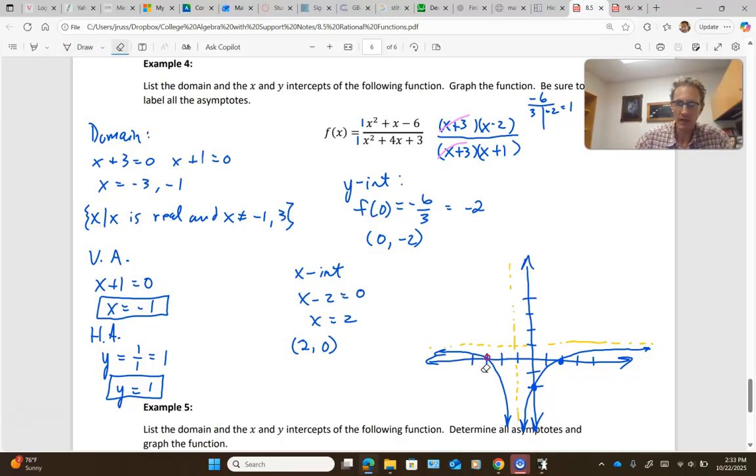So that's why you want to graph it first, okay? That other piece is actually up here. Whoops, I want to keep blue there. The other piece is in this area, okay? But there is still a removable discontinuity at -3.